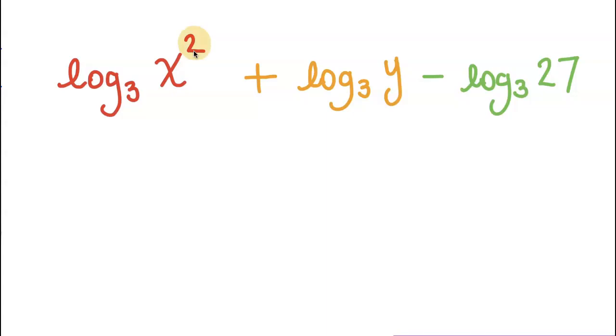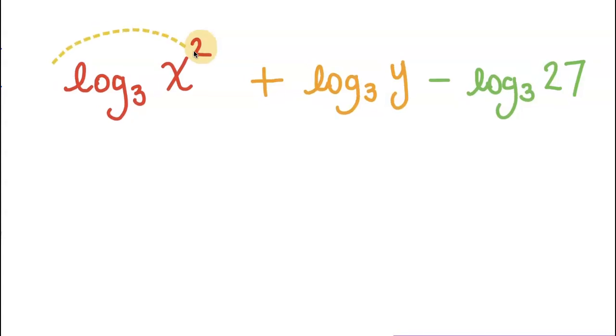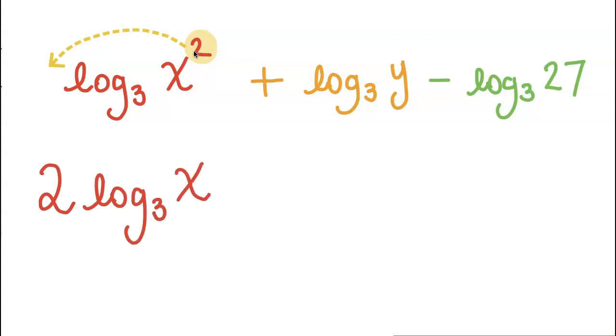So this first term will turn into 2 log base 3 of x. Done. The orange one is done. There's nothing we can do about this orange, log base 3 of y.